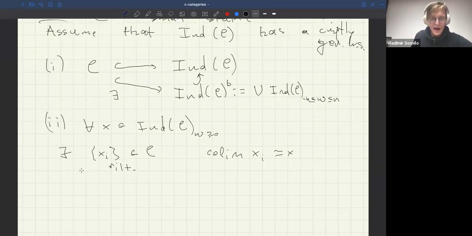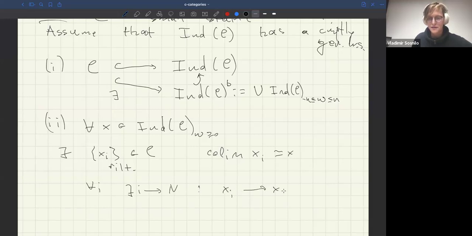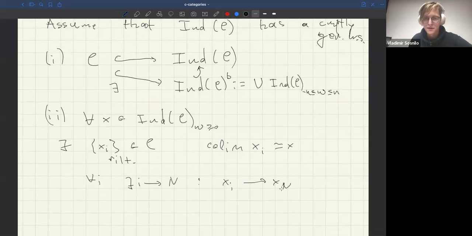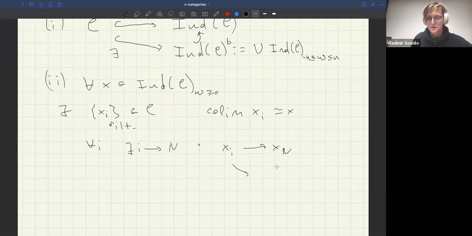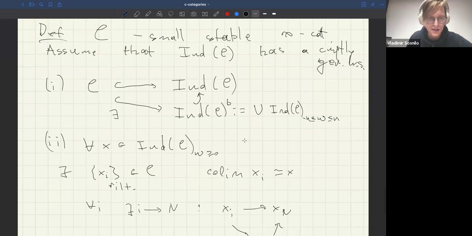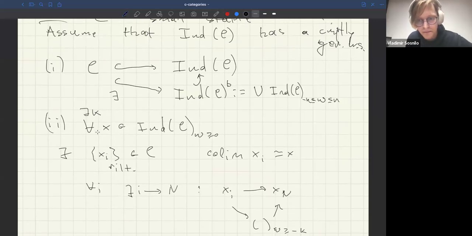And for any i in the diagram, there exists a map i to n such that the induced map x_i to x_n factors through an object of weight minus k. Oh, sorry. So there exists k such that this is satisfied.